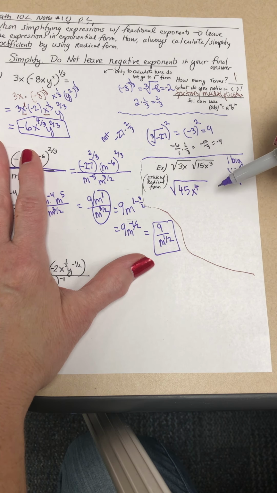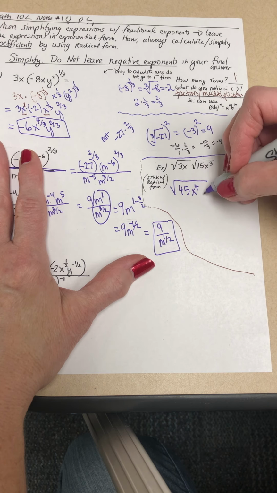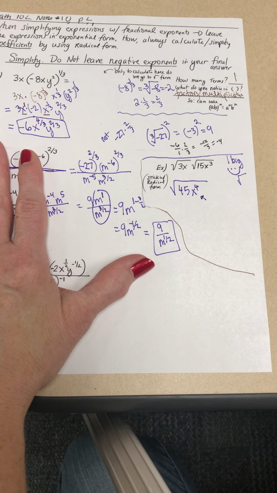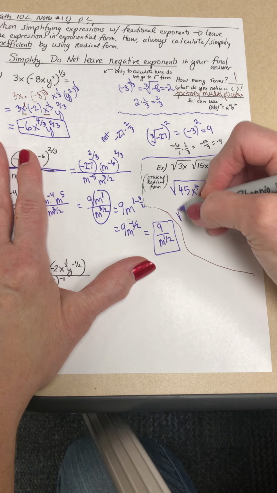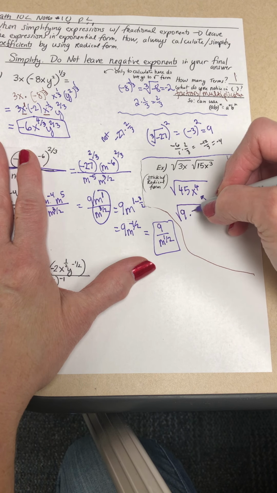All right, any perfect square factors already? Yep, x to the fourth. I don't need to mess with that. The square root of x to the fourth is x squared. Is 45 a perfect square? No. Does a perfect square divide into it? Yes, 9 does. So I'll write 45 as 9 times 5.